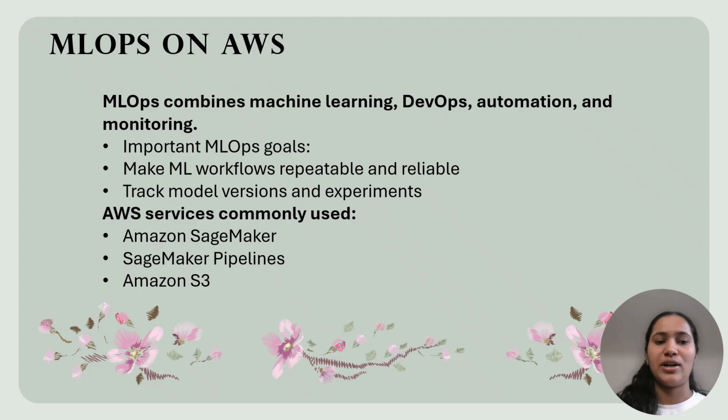In AWS, common services used for MLOps include Amazon SageMaker for building and training the models, SageMaker Pipelines for automating workflow, SageMaker Model Registry for tracking model versions, AWS S3 for storing data and models, AWS Glue for data preparation, AWS CloudWatch for monitoring, and AWS Step Functions or AWS Lambda for automation.